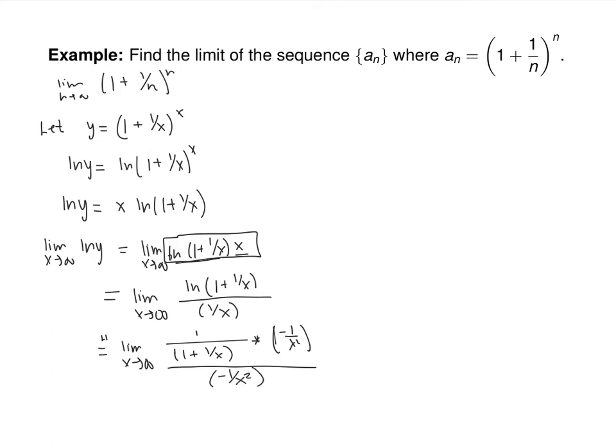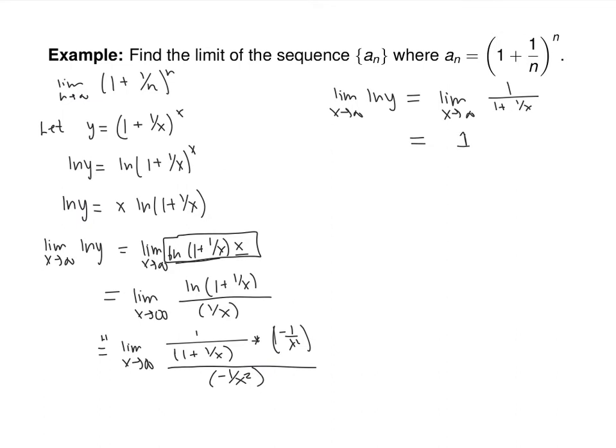And look at how lovely that is, those negative 1 over x squareds cancel. So the limit as x goes to infinity of natural log of y is equal to the limit as x goes to infinity of 1 over 1 plus 1 over x. So that limit is equal to 1.